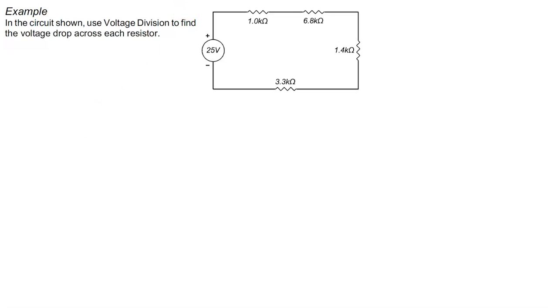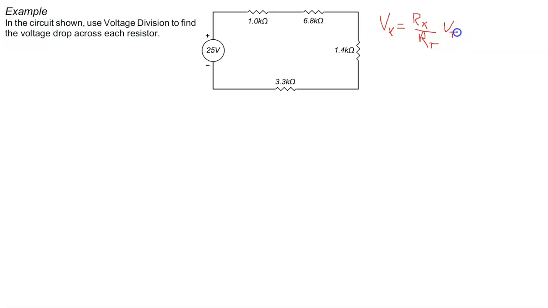Okay, so the formula for voltage division is basically Vx is equal to Rx over R total multiplied by V total.